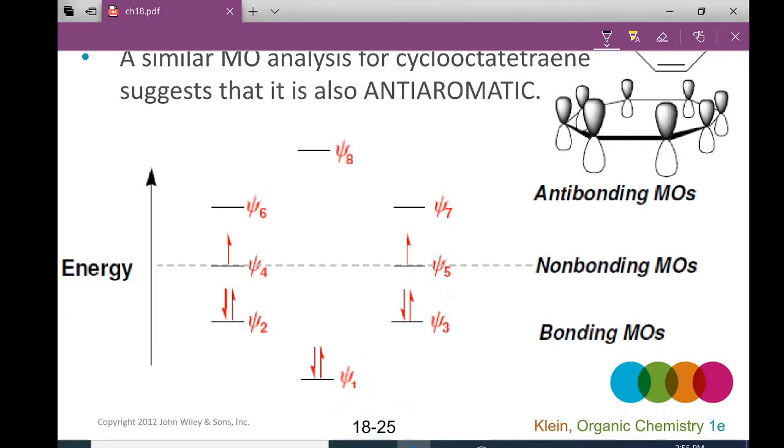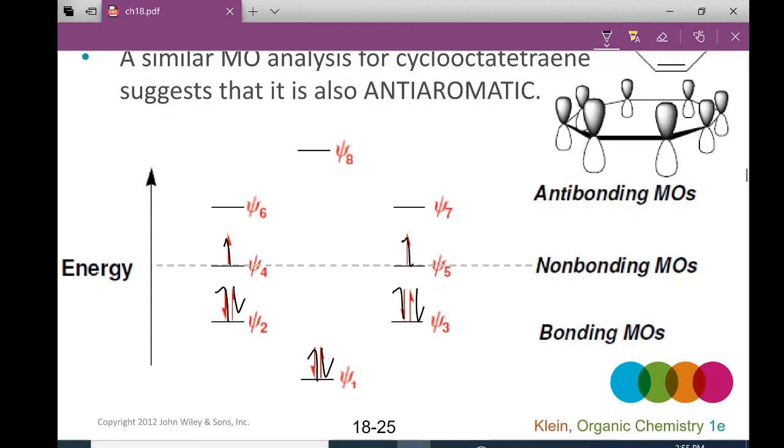Cyclooctatetraene also meets the criteria. It has 8 electrons, and here's its molecular orbital diagram. So it has 8 molecular orbitals. Now we've filled the degenerate orbitals here on psi 2 and psi 3, but we have 2 electrons left over, so we're going to put 1 in psi 4 and 1 in psi 5 because they are degenerate.